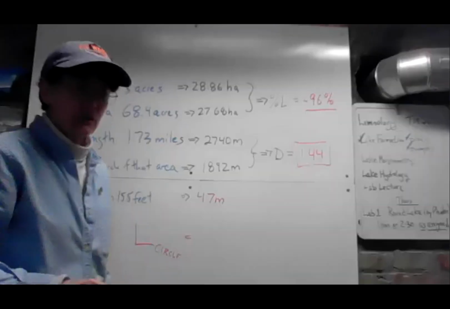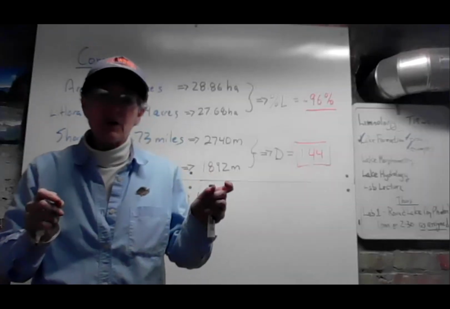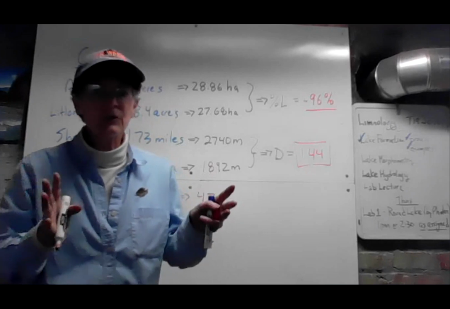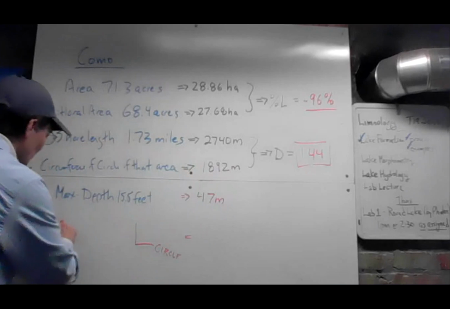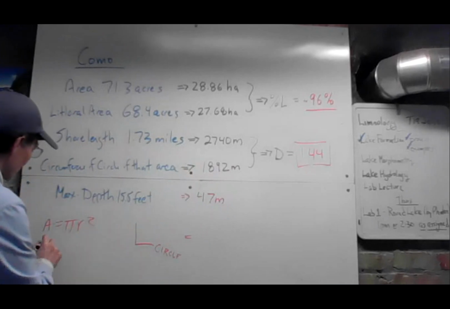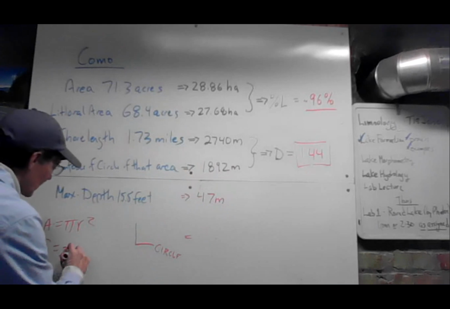The L of a circle, you take pi r squared is the area, and 2 pi r is the circumference. You take those two formulas and you combine them, right? Area of a circle is pi r squared. The circumference of a circle is 2 pi r.